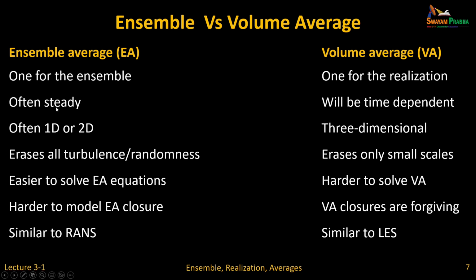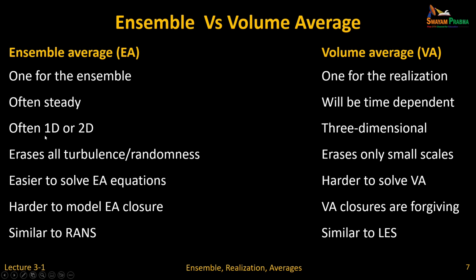Since you average all turbulence and all variations of particles in the ensemble average, it will have all the symmetries of the problem. Sometimes the problem may become one dimensional because that is the only direction the average changes. Often it becomes steady. So, ensemble average equations allow you to solve one dimensional problems, steady problems and so on.